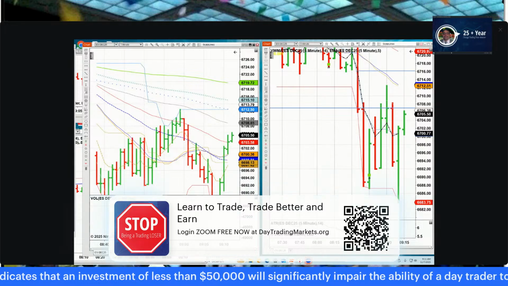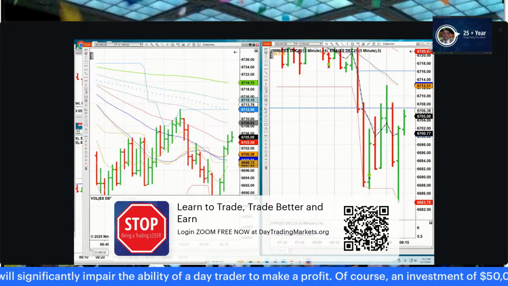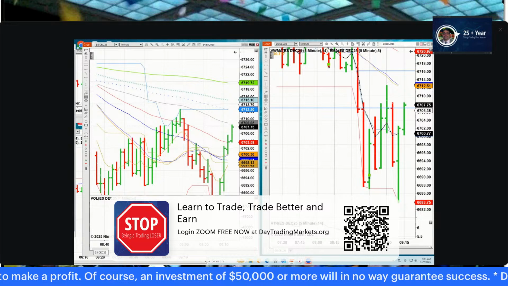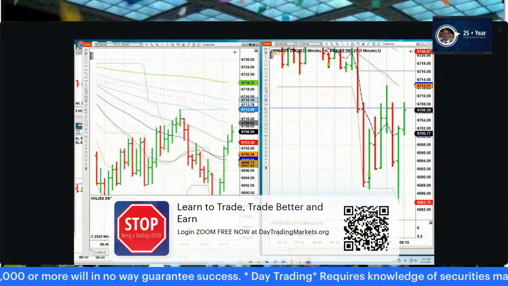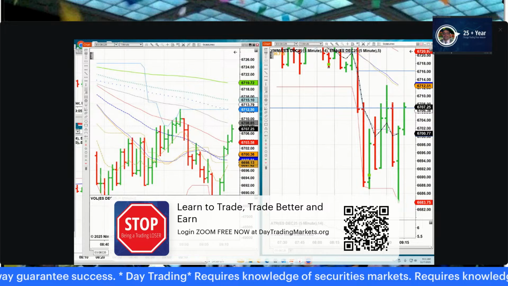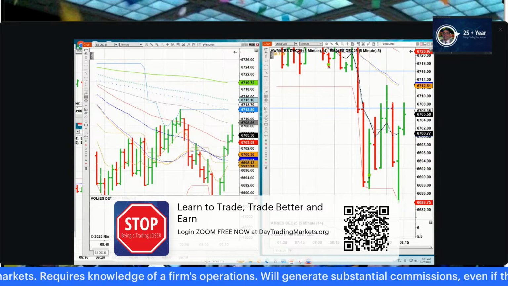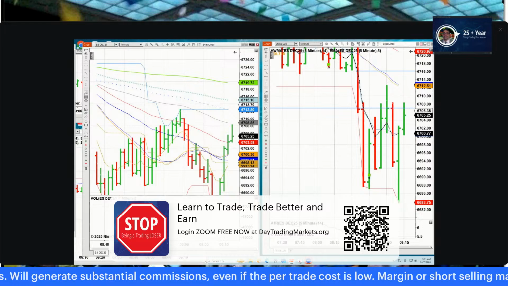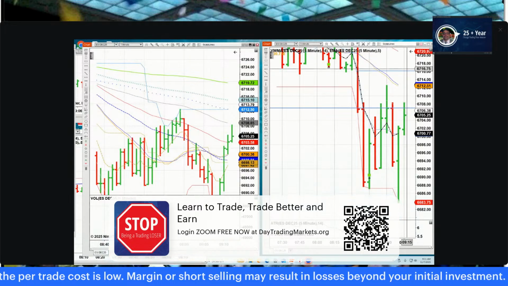I see areas back up at 2, all the way back up to like 39. Now keep in mind, everything's red. I'm trying to break above that 06. We got some resistance up there at 12, and some more coming in here at 16.